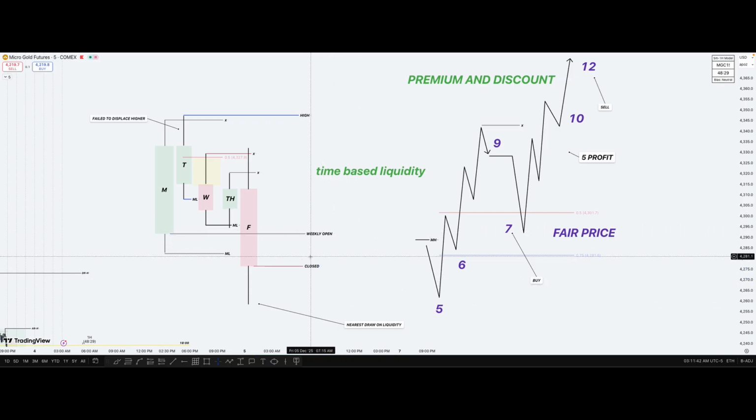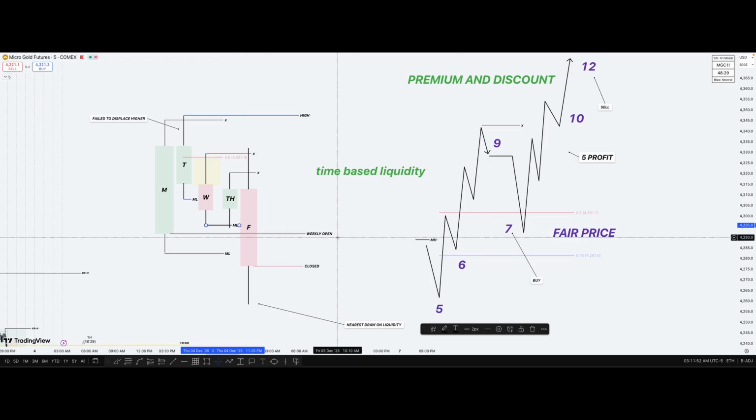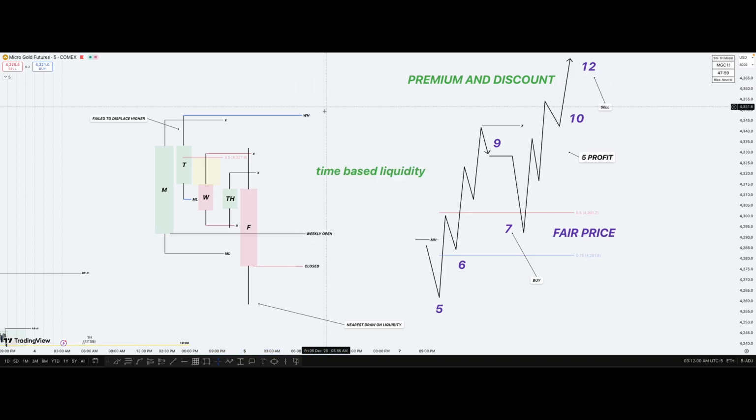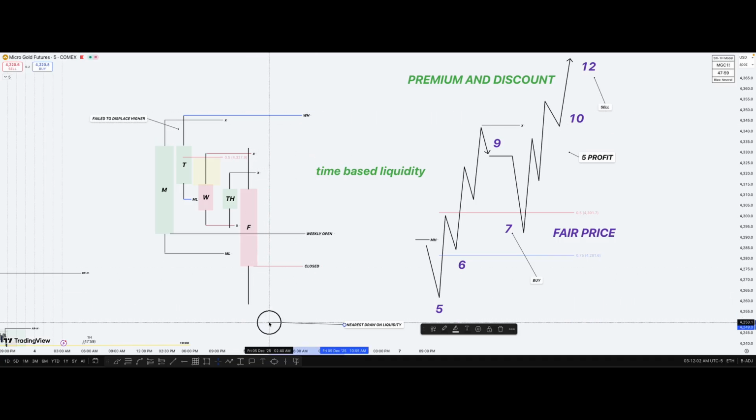So give me the highs and lows of the week. Where can I mark? This is your weekly high, and your weekly low is this one.